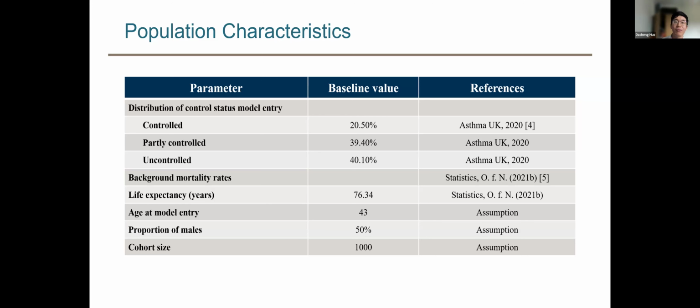The entry age in this model is 43 by our assumption, and we assume 50% male and 50% female. We are doing this for a population size of 1,000, so that we can be clear about the result on the whole population.